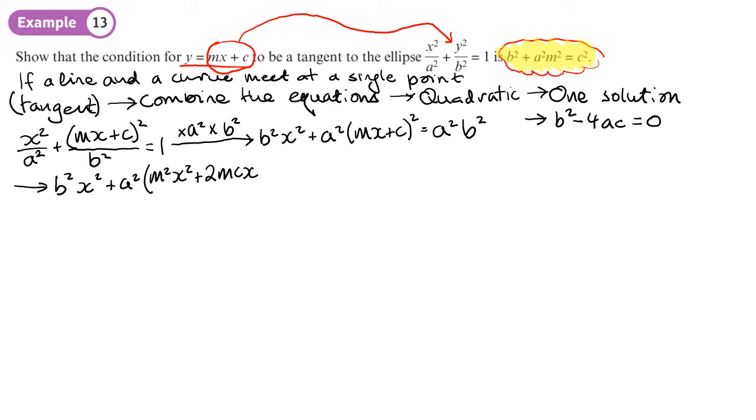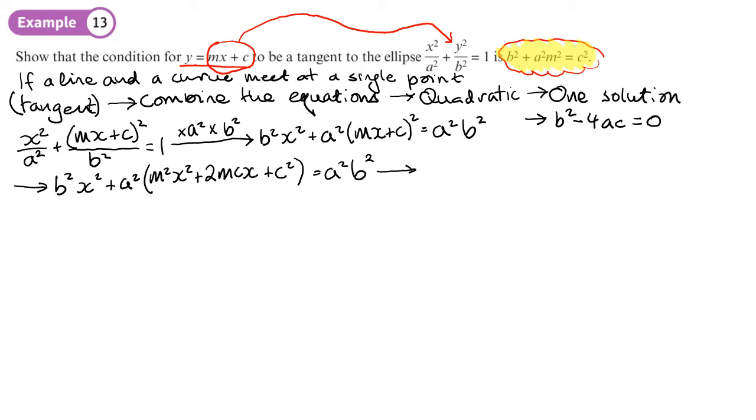Normally you'd write them in alphabetical order, but I don't want to confuse it for centimeters, because I've done these questions before and then you think, why have I written centimeters down? So just writing it that way around will remind me that I'm not writing a unit of length down. So 2mcx plus c squared equals a squared b squared.